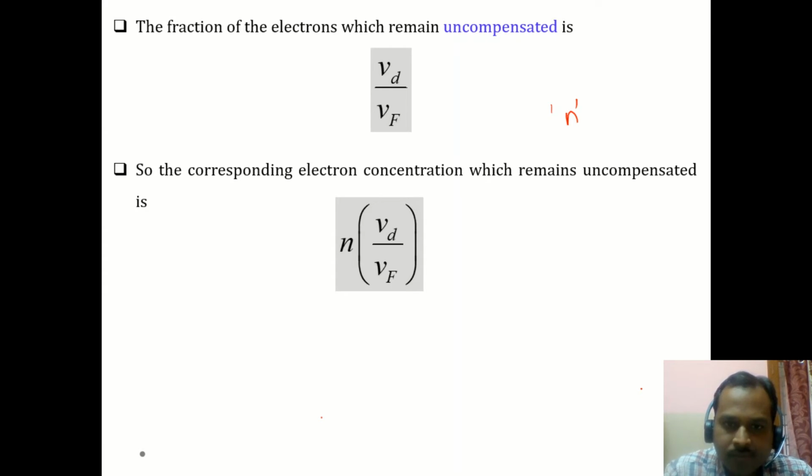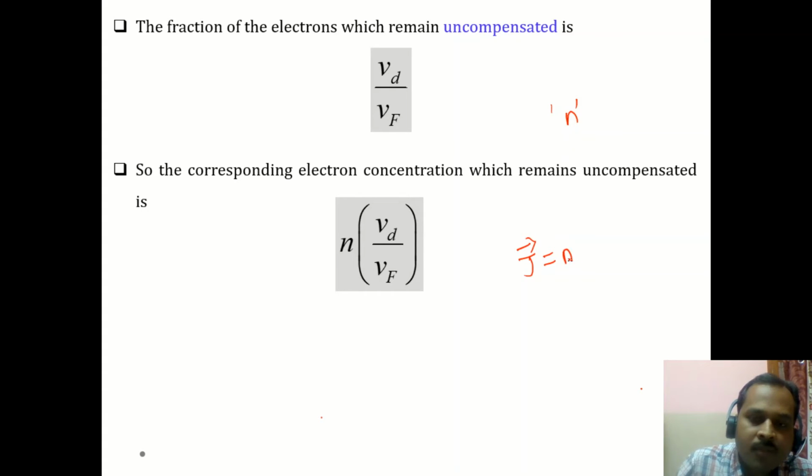So we can calculate the current density. We know how we define J. J is the electron concentration times the charge of the electron and the drift velocity.